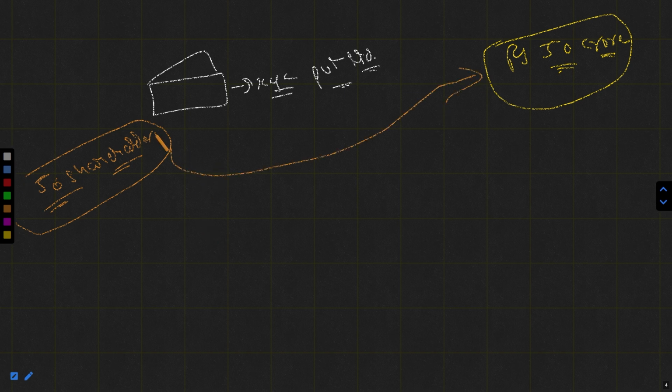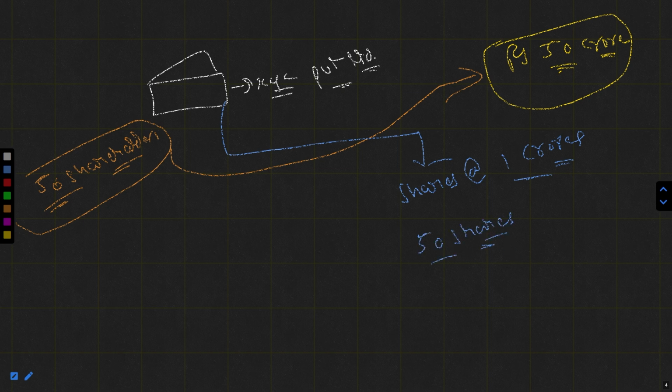So what will happen? Basically, XYZ launches shares at 1 crore. So total shares will be 50 shares. Okay. So this is basically, you can say, the equity.